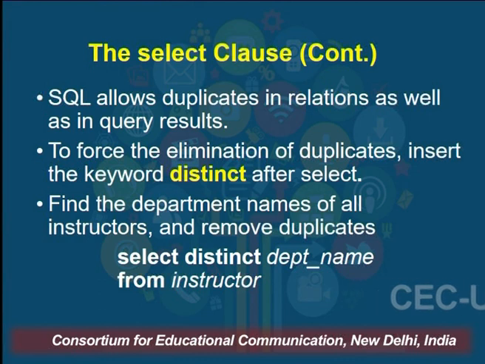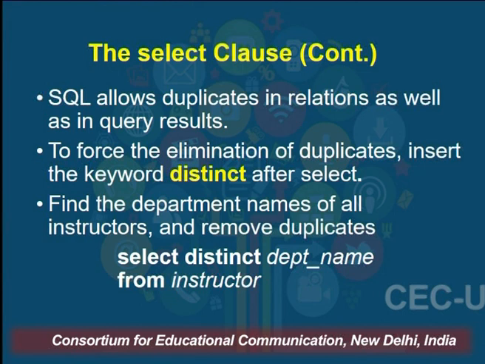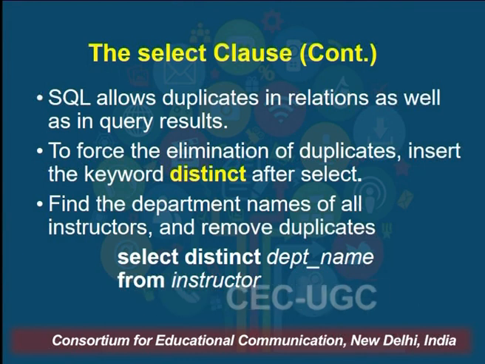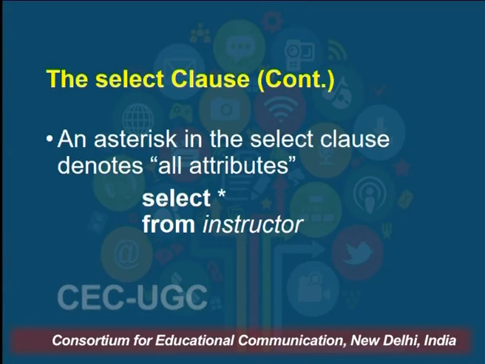So from instructor, the department name field will be extracted, but only distinct names will be displayed here, because we have put in the keyword distinct. So in order to find the department names of all the instructors along with the removal of duplicates, we will write select distinct department name from instructor.